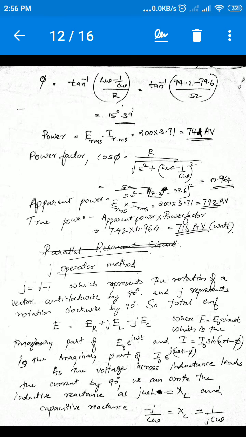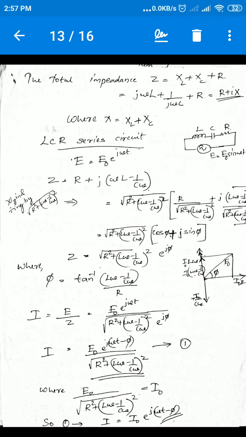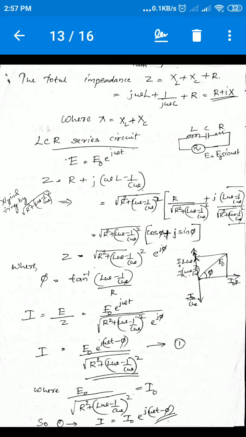And we should remember that the voltage across the inductor is leading the current by 90 degrees, and the voltage across the capacitor is lagging the current by 90 degrees. So we need to remember this vector diagram also. If you can draw this vector diagram, then only you can write the equations correctly.